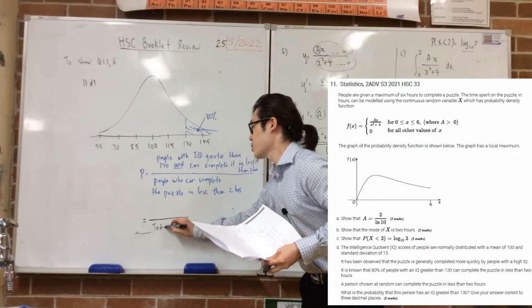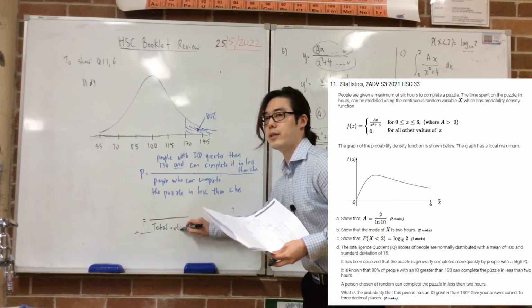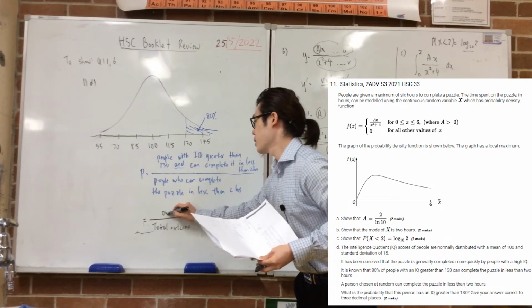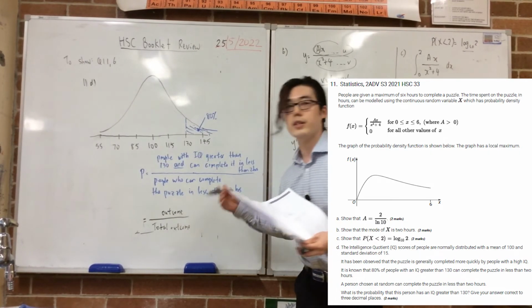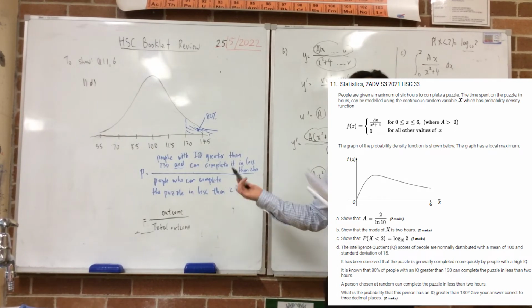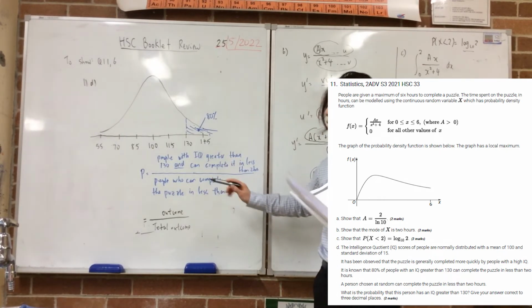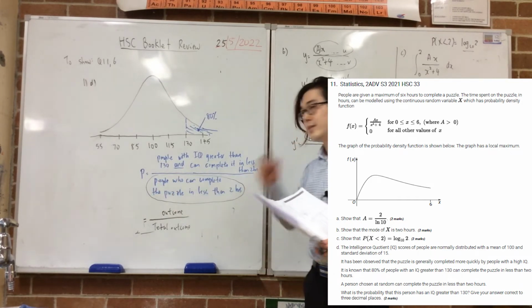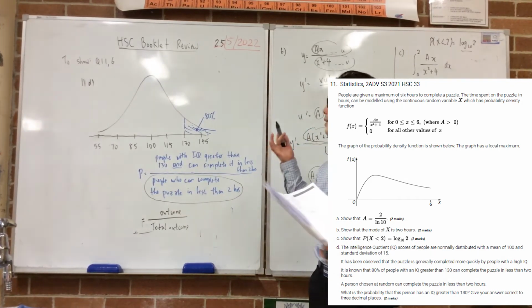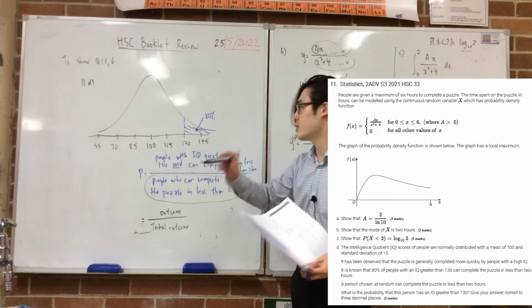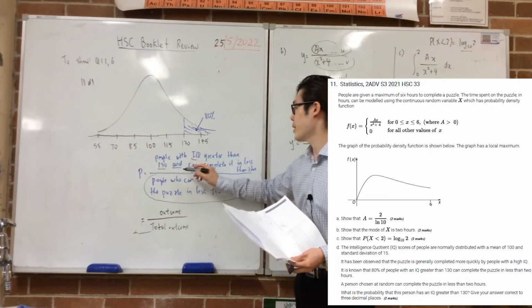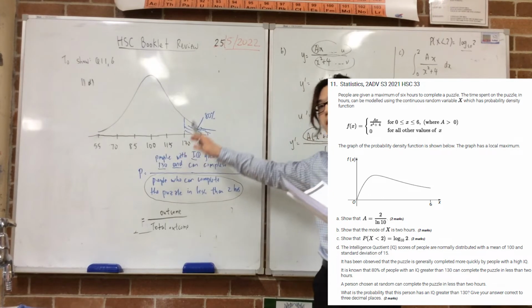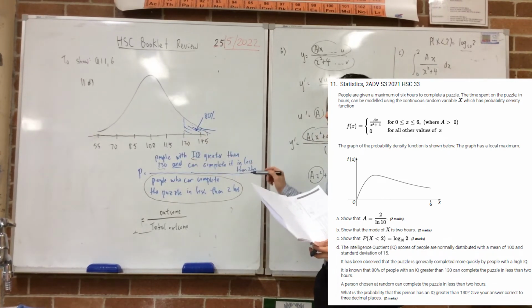Going back to year 8 maths, this is your general probability formula: you want the outcome out of the total outcome. The total outcome is all the people that can complete the puzzle in less than 2 hours. But the one that I specifically want are these two conditions: IQ greater than 130, and within those people, can complete it in less than 2 hours.